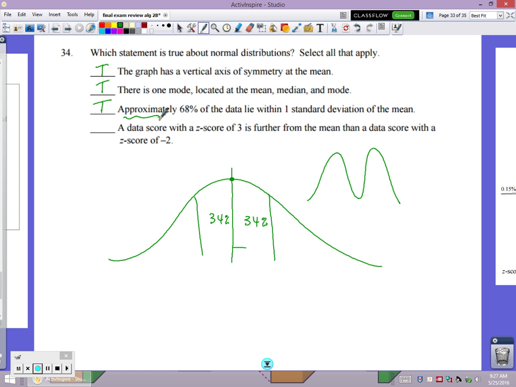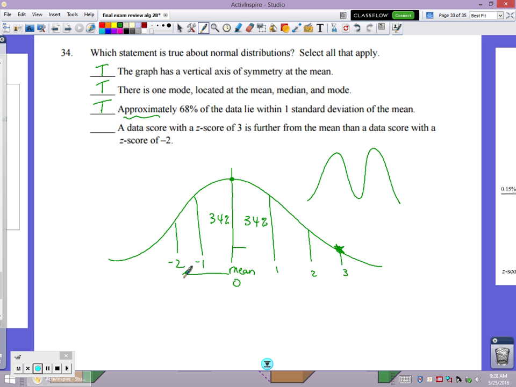Okay. A data score with a z-score of 3. 1, 2, 3. Okay, so we have one data score here. Is further from the mean. Here's my mean, and 0. Then the data score with a z-score of -2. -1, -2.